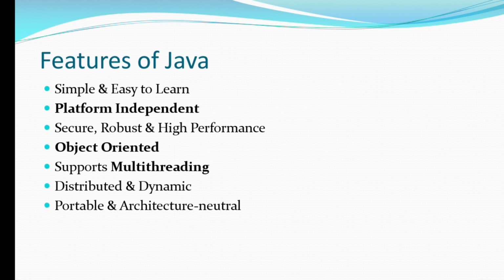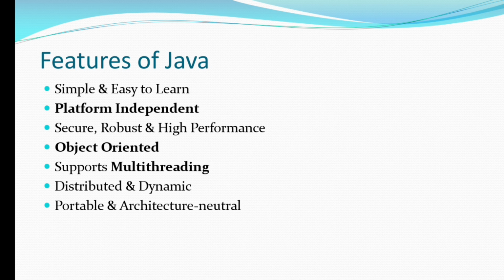Okay, the key features. What are the major features of Java? Platform independent means we can run our code on any operating system. Multi-threading means dividing the program into multiple parts as threads, running those threads together to reduce the response execution time, to save time.